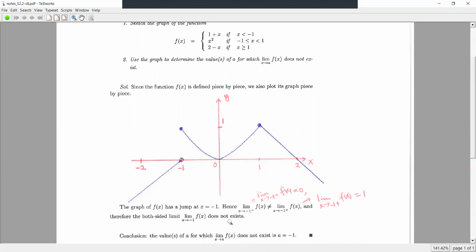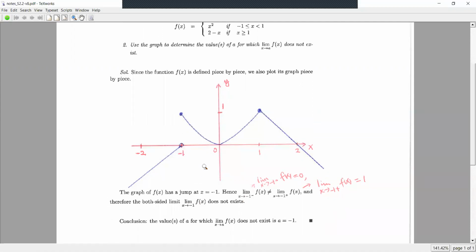Is there any other value for a where both sided limit doesn't exist? I don't think so. Only at -1, both sided limit doesn't exist. For example, at +1, when x approaches 1, no matter how x approaches 1, the graph always approaches this point.